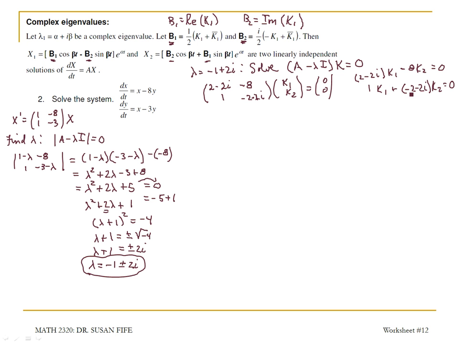But I know that it's going to be dependent, so I'm going to just solve this second equation for k1. When I bring the k2 term over, both of these numbers, the negative 2 and the negative 2i, become positive. And then I'm going to choose my vector k so that k2 is 1. And then k1 is going to be 2 plus 2i times 1.